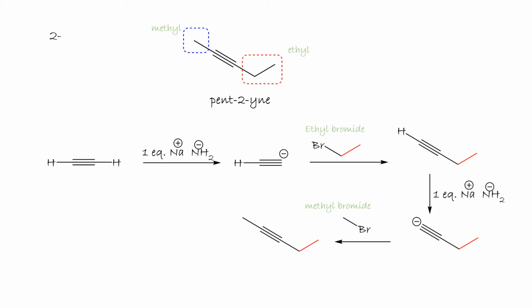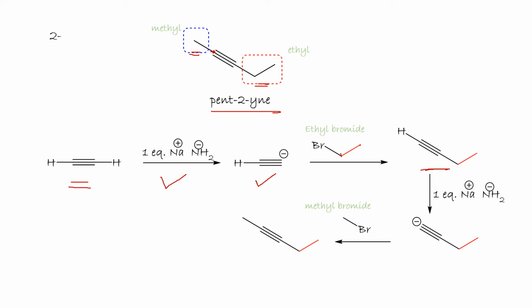If you have to synthesize 2-pentyne, this is the structure. So we have to add a methyl group on one side and an ethyl group on the other side. Start with acetylene, one equivalent of sodium amide to form acetylide, reacting with ethyl bromide to give 1-butyne.